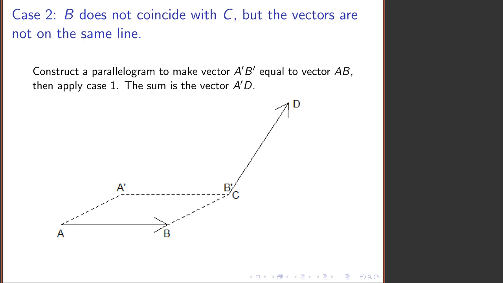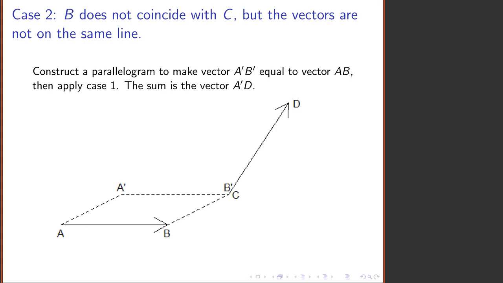The next case is a little bit trickier. I have moved the vector CD so that its tail doesn't coincide with point B, but since opposite sides of a parallelogram are equal vectors, all I do is construct a parallelogram where this side goes from B to C, this side is parallel to it, this side is parallel to AB, and then AB and A prime B prime are equal vectors, so adding A prime B prime to CD does what I want.